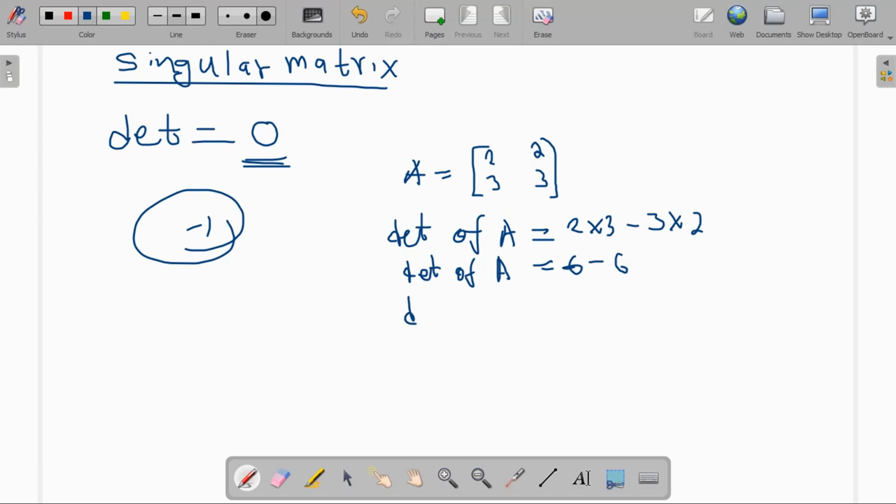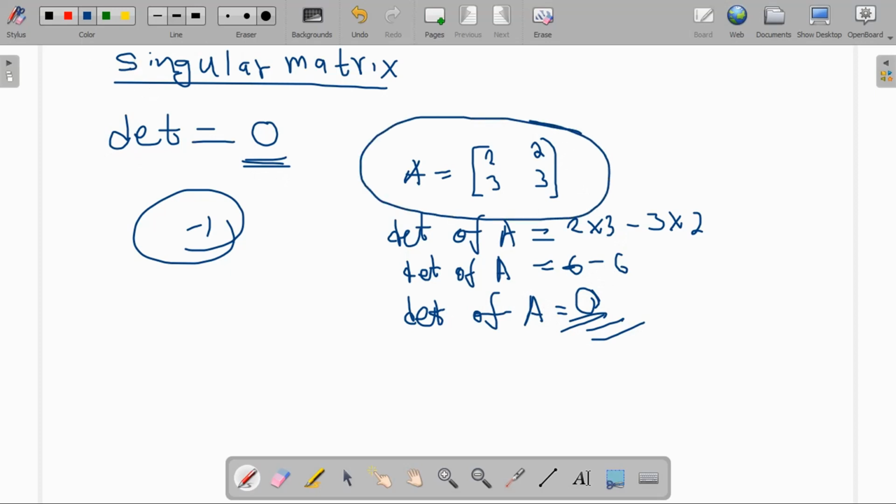So the determinant of A is equal to 6 take away 6, which gives us 0. So this matrix is a singular matrix, because the determinant is 0. A singular matrix does not have an inverse. That's what we call a singular matrix.